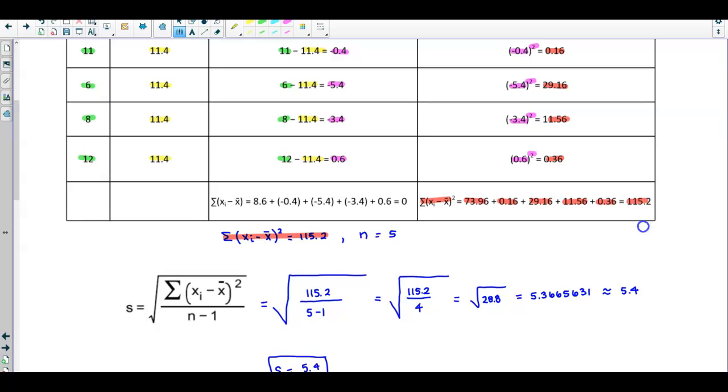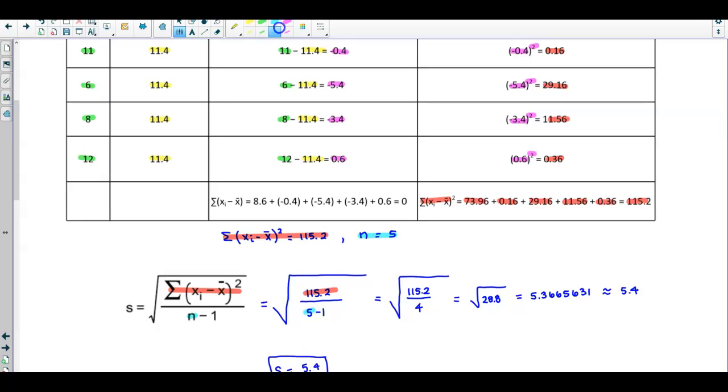So in our formula, s is going to equal, in the numerator, the sum of the deviation squared, which we found to be 115.2. We also found that n, the size of the sample, is 5, so we put 5 in for n, and then we subtract 1 because we're dealing with the sample standard deviation formula.